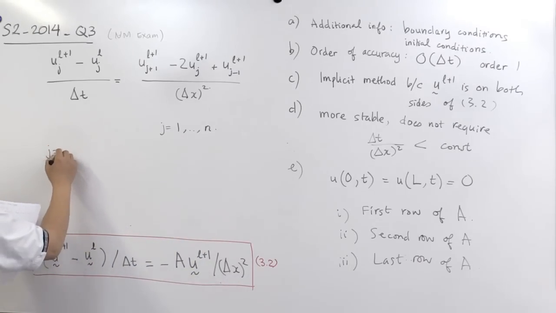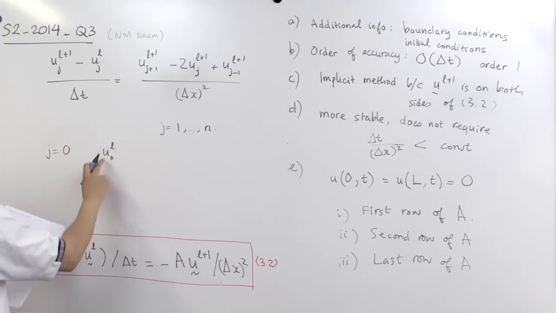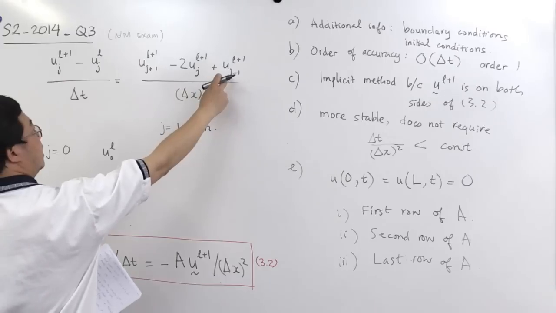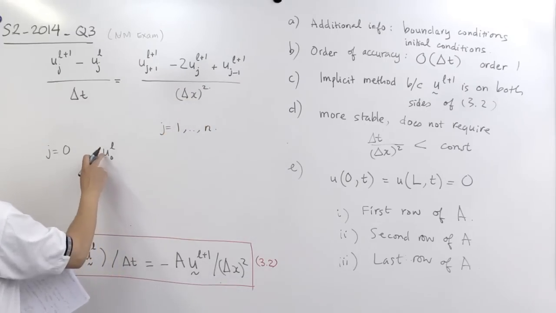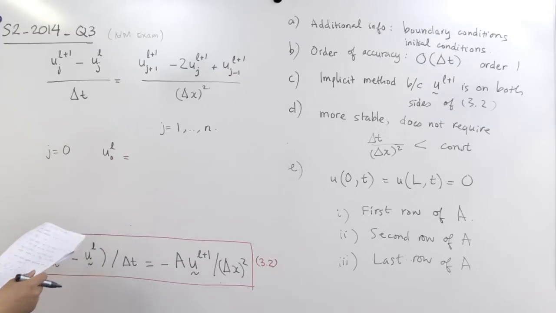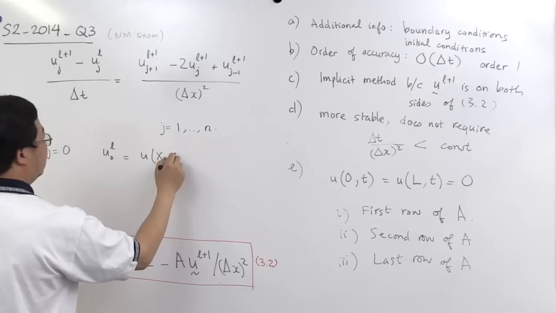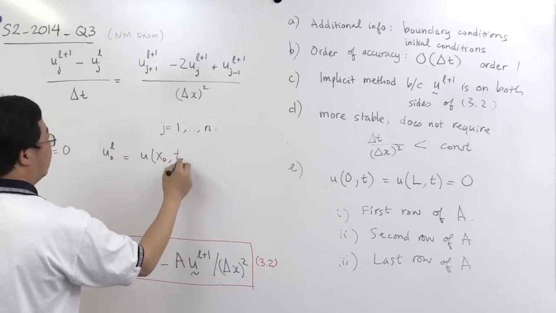So when j equals 0, then u_0^l, okay? Because the index j equals 0, you got u_0^l, which equals u at x_0 and the time is t_l.